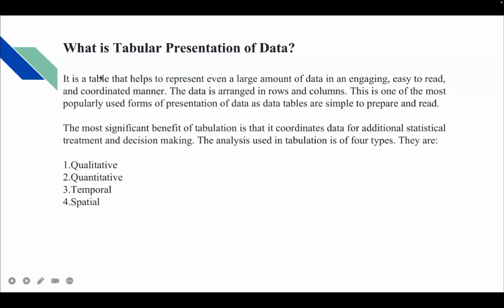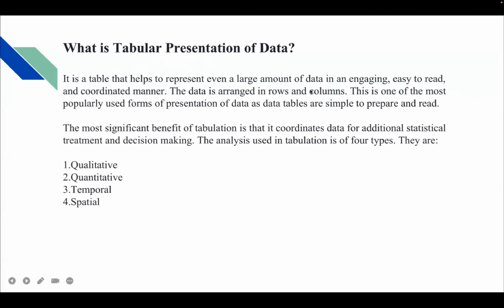So now let's move on to tabular presentation of data. So what is tabular presentation of data? It is a table that helps to present even a large amount of data in an engaging, easy to read and coordinated manner.